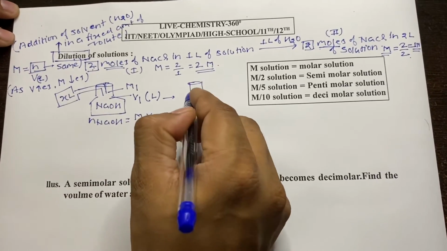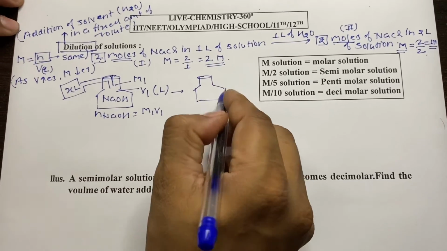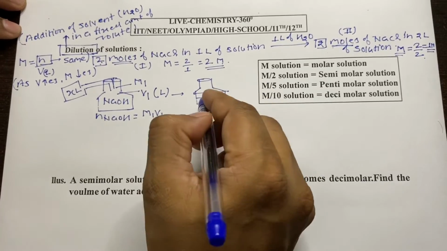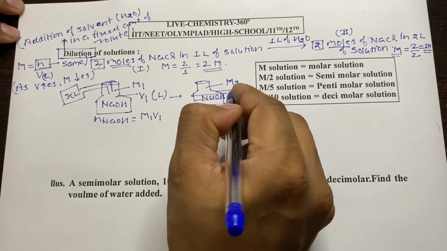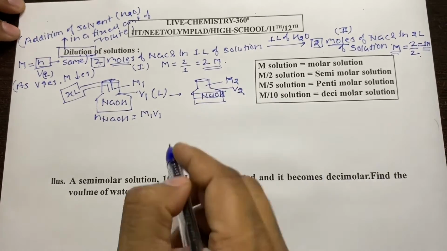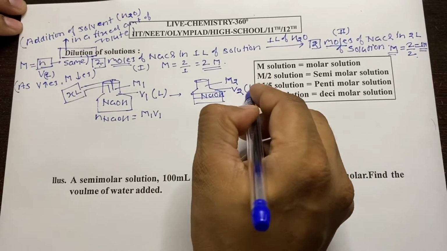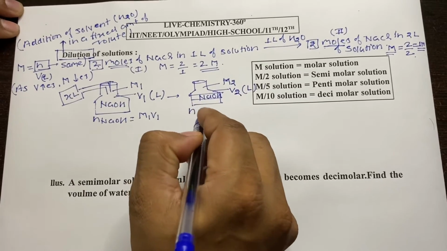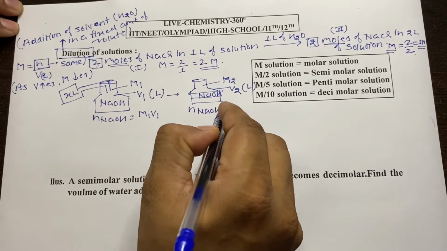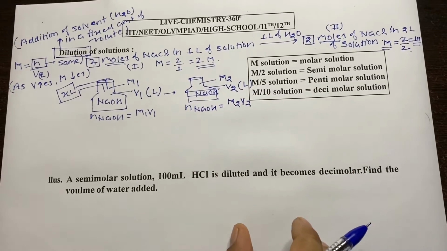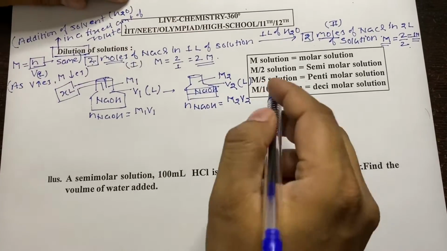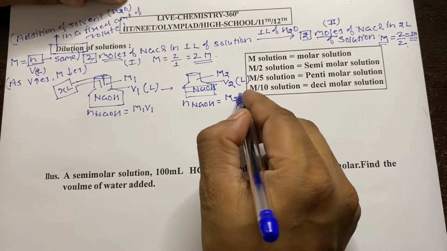The concentration of the NaOH solution now becomes M2 and the volume becomes V2, so the moles of NaOH will be M2V2.